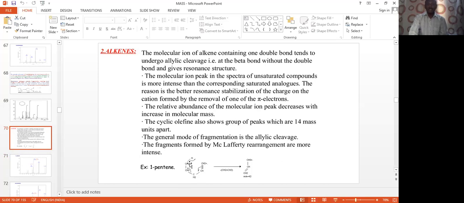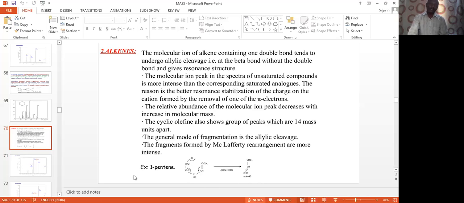Whereas in McLafferty rearrangement, what happens? Before cleavage, hydrogen will be transferred here, and so M/Z value 42 will be there. And if hydrogen is not transferred here and cleavage happens, then this fragment will be M/Z value 41. So M/Z value 41, and M/Z value 42 when this hydrogen transfers here.